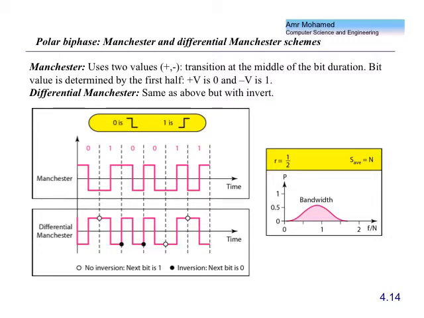And by changing the phase, I was able to inherently create some timing information, create a change in the middle of the bit all the time, even if I have consecutive ones or consecutive zeros, which means that there is no DC component and the self-synchronization is there. And that's why it's actually named after Manchester, who is the inventor of that. It's called Manchester.